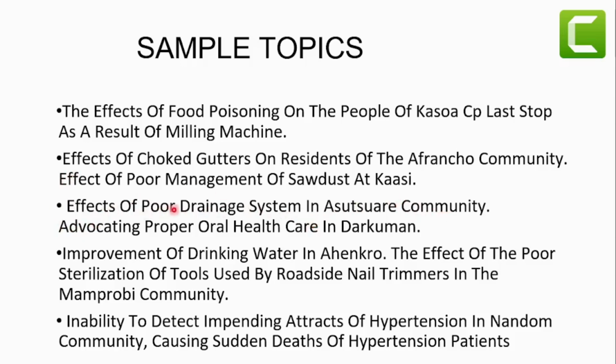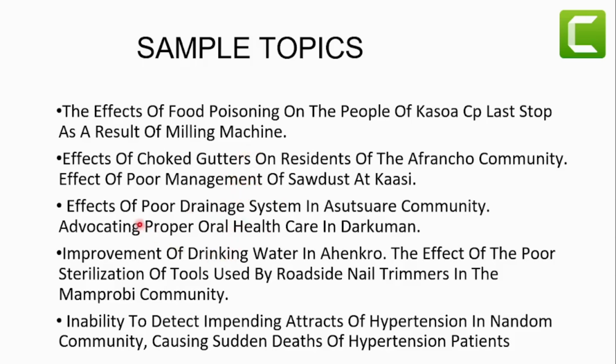But for this topic, the poor drainage system sounds too much like civil engineering or construction staff, because this topic does not really convey that much of biomedical engineering. So the fact that I'm showing this topic doesn't mean that you should go by this. I'll give you recommendations on this topic right after we go through the samples.